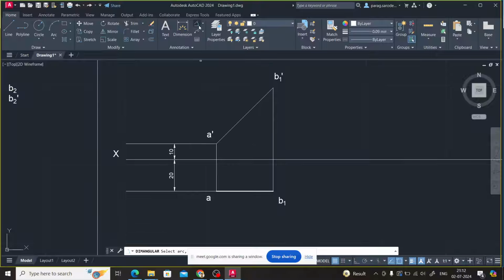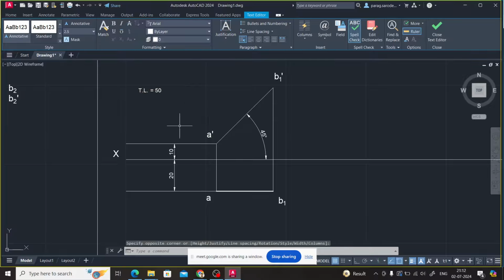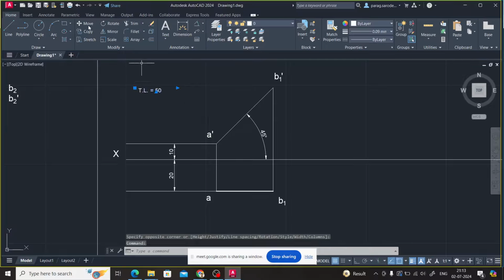Rather than making it complicated, I will just show this angle. This is 45, right? And I can show this is the true length. For that I can type TL, true length equals 50. And I can move it here.